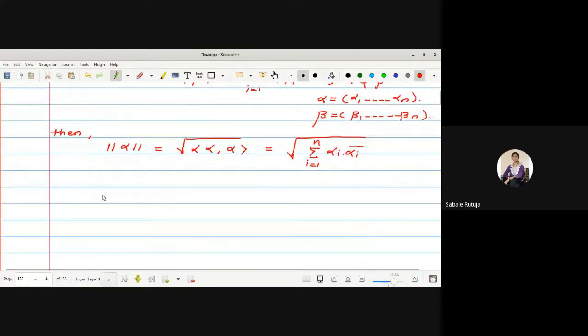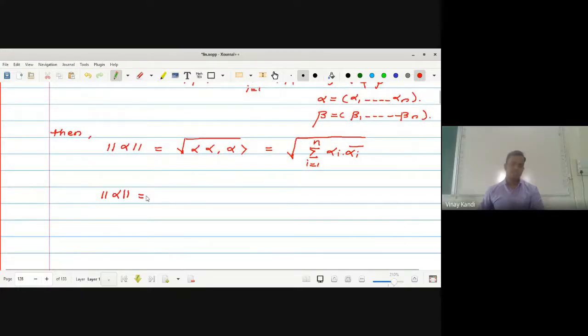Yes, sir. We know that z into z bar is equal to mod z squared, by using this property of complex numbers. So here we get the summation, i running from 1 to n, of mod alpha_i squared, and this is the Euclidean definition of length.